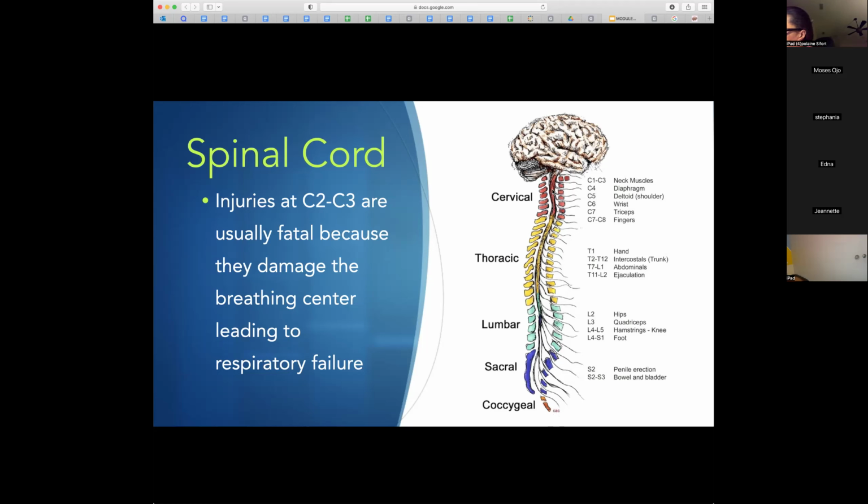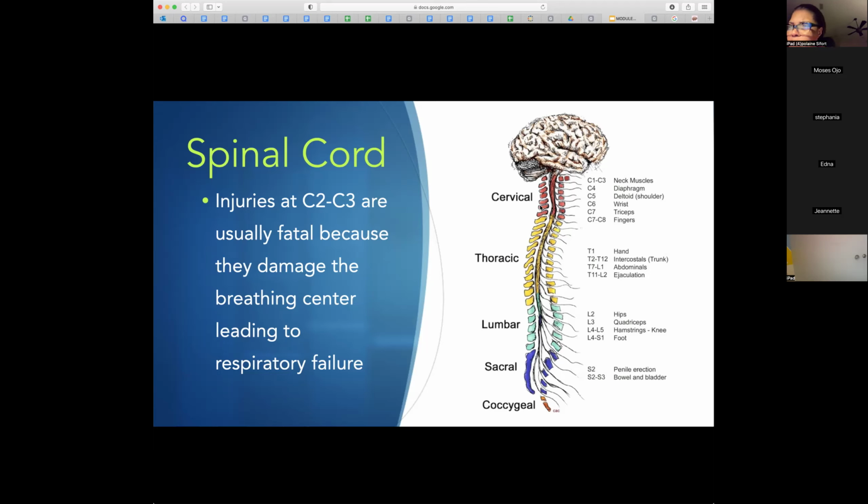Your spinal cord is protected by vertebrae, okay? So this is called the vertebral canal. This is where your spinal cord resides and is protected because somebody could get paralyzed if this was damaged, right? So your vertebrae protect your spinal cord, okay?